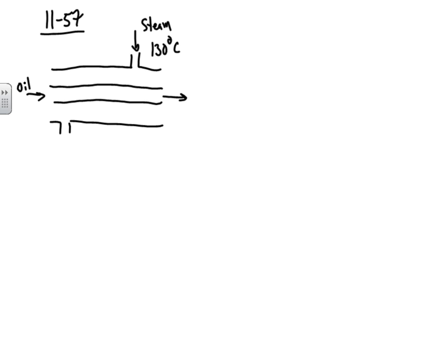And because it's condensing, we know that all of the heat goes into changing the phase of the fluid, and therefore the fluid will come out at the same temperature, 130 degrees C. Okay? So the oil is being heated as it goes through, so it comes in at 20 degrees Celsius, and it leaves at 60 degrees Celsius.